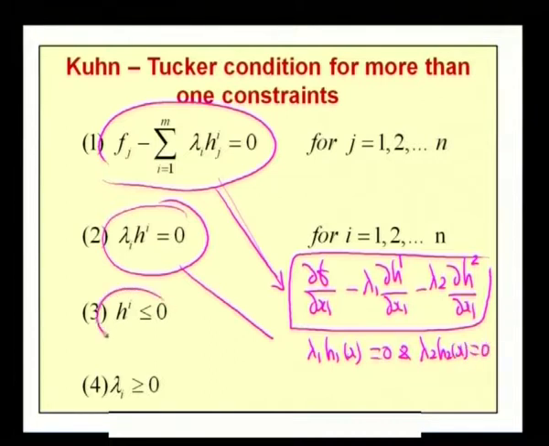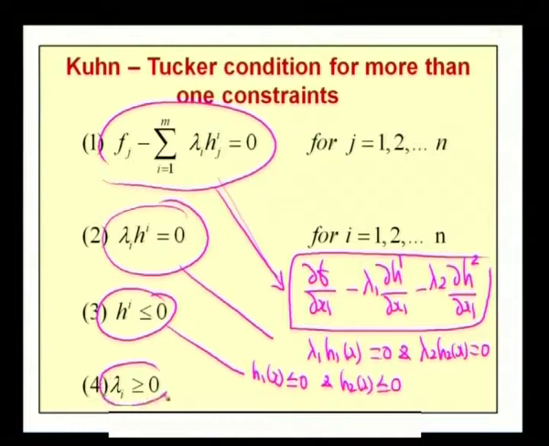And the third condition, h^i less than or equal to 0, becomes h1 of x less than or equal to 0 and h2 of x less than or equal to 0. And the fourth condition is lambda_i greater than or equal to 0. For a problem involving 2 constraints, lambda1 and lambda2 are both greater than or equal to 0.